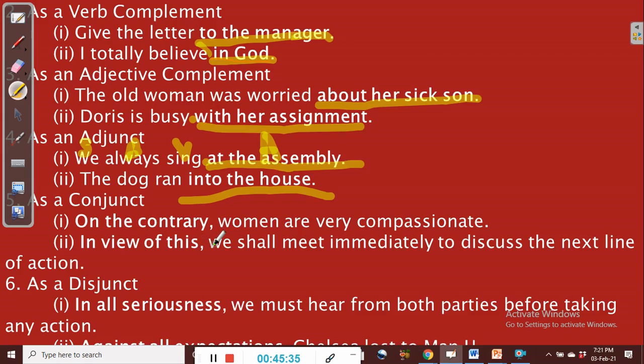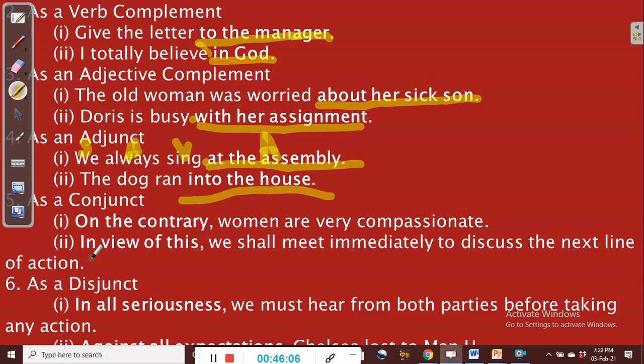All right, that's exactly what a conjunct does. Something must have been said about women, or about some other people, then to contrast the idea we say, on the contrary, women are very compassionate. Then the next one, in view of this, we shall meet immediately to discuss the next line.